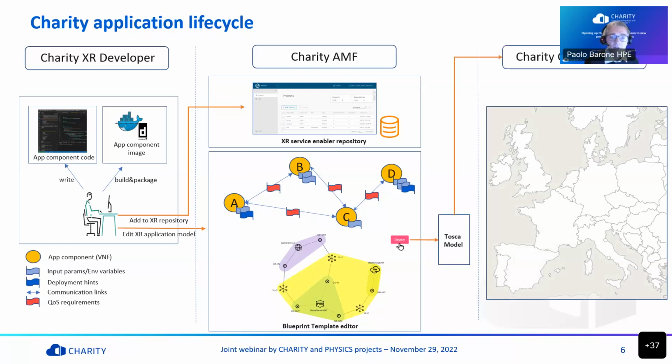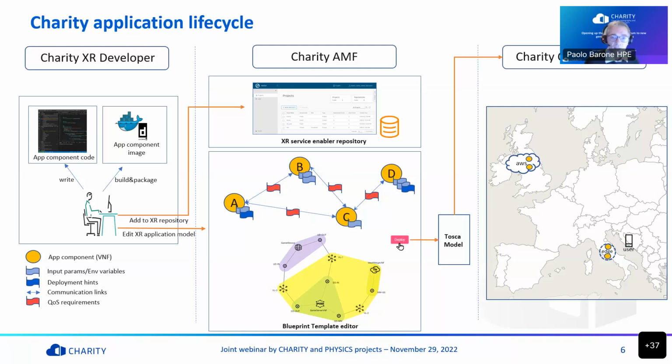This layer, based on information contained in the application model, will take some decisions and will decide where to place the components of the application, where to run them. It will select the proper runtimes, and as an example, it might decide that some components of the application may be run on a public cloud in UK, and other components may be run on an edge node in Italy, for a user who is located, let's say, in Croatia.